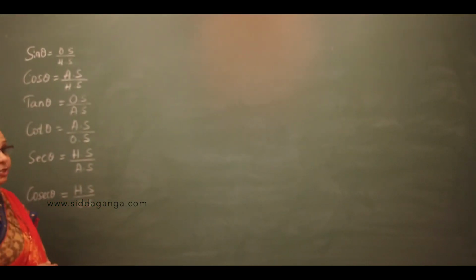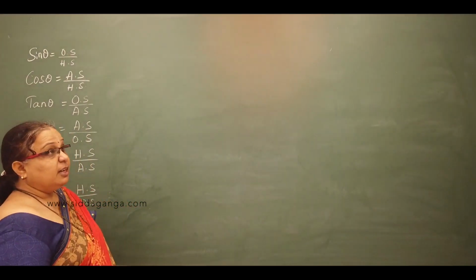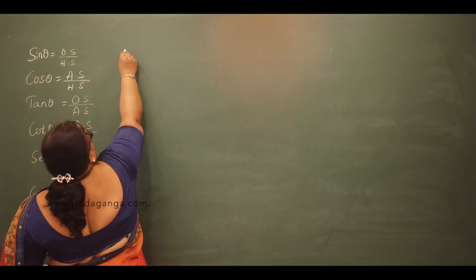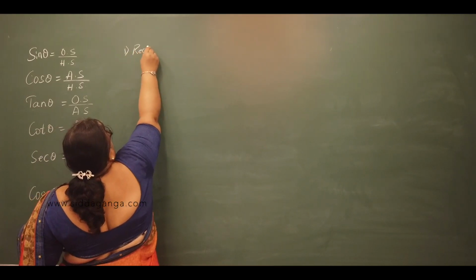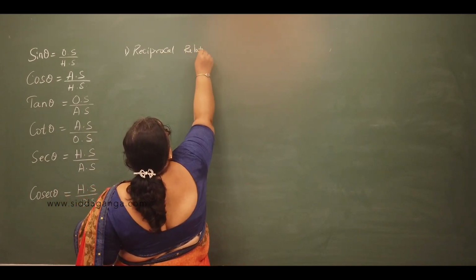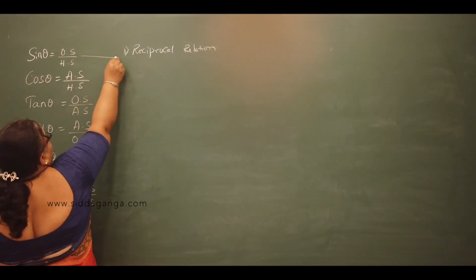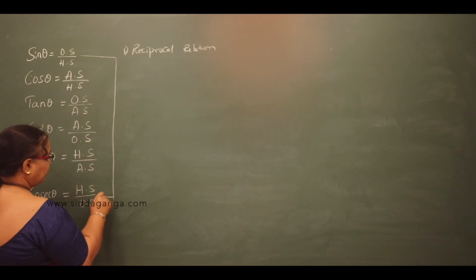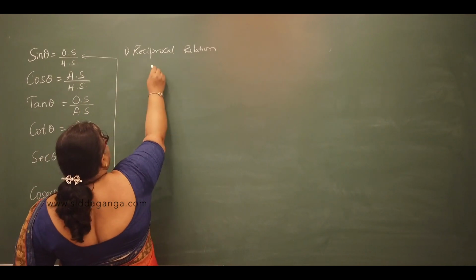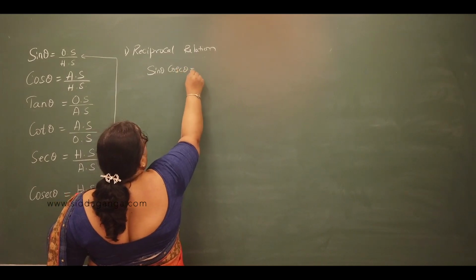There are identities with respect to the 6 trigonometric functions. The first one is the reciprocal relation. Sine theta and cosec theta are reciprocal to each other, and we can write this as sine theta into cosec theta equal to 1.